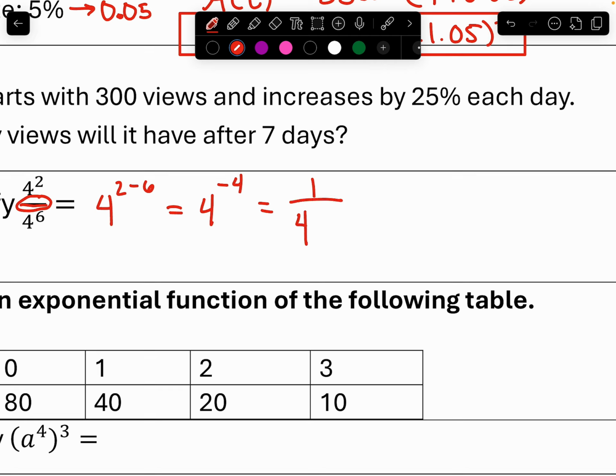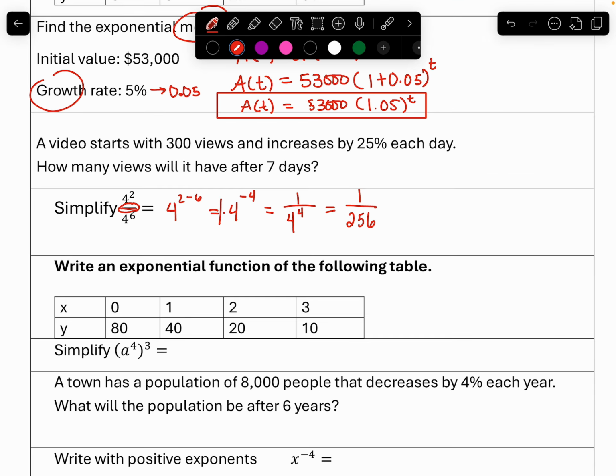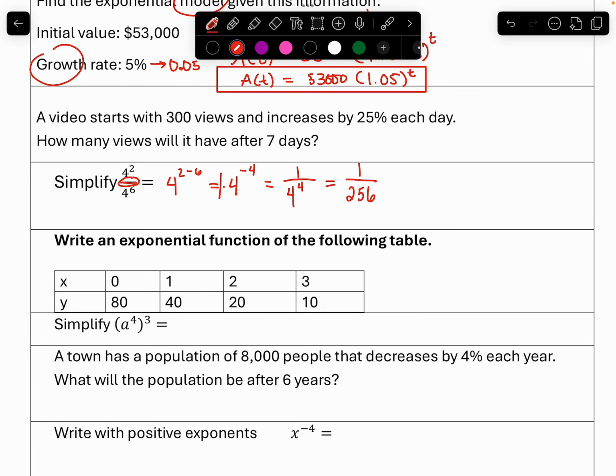We're going to move it to the denominator. It turns into a positive exponent. The 1 stays on top. So then, what's 4 to the 4th power? 256. So the property of negative exponents, or quotient property, and then negative exponent.